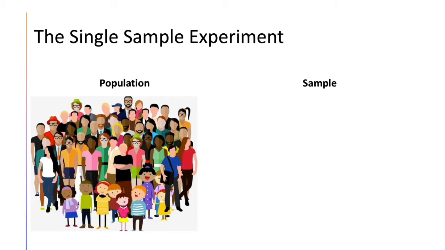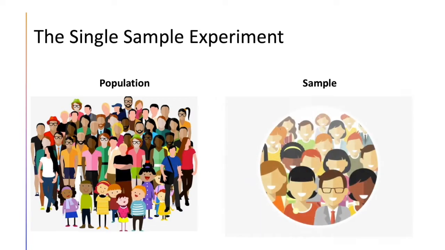So a single sample experiment, again, we have a population that we know some things about. And from that population, we draw a sample. And of course, the idea here, which dates back to last semester, is the sample is meant to represent the population. And if the sample truly represents the population, then these two things should be equal.